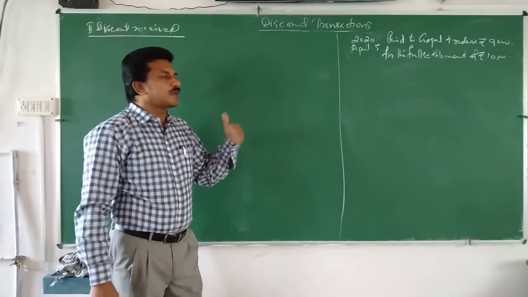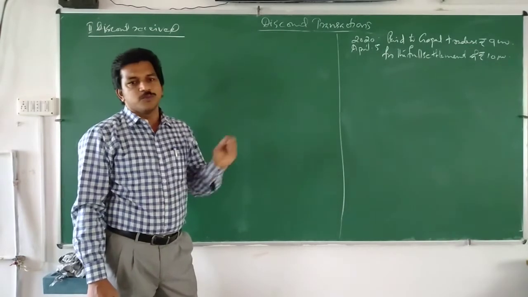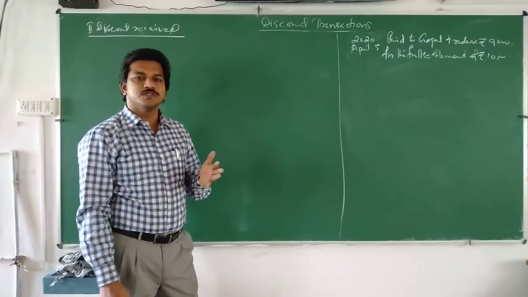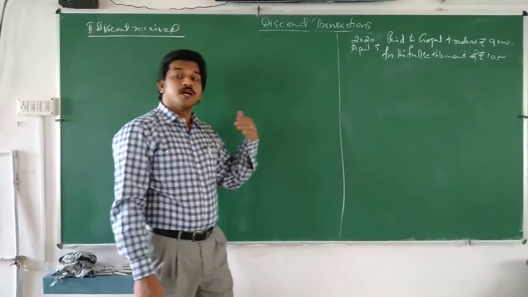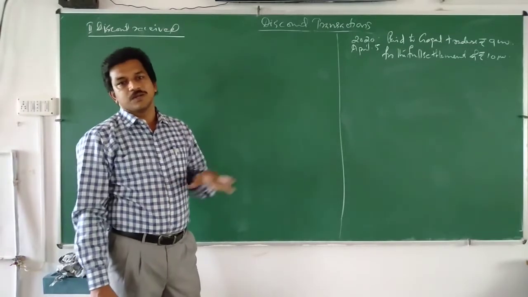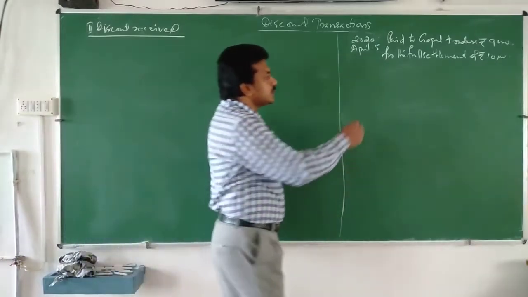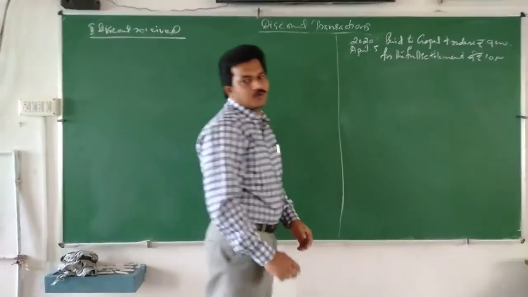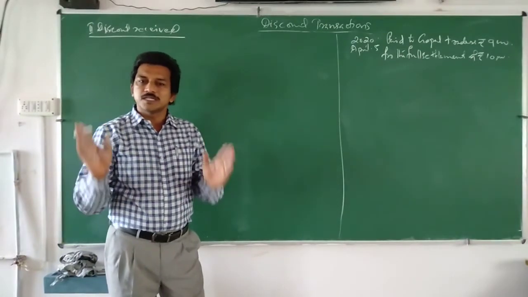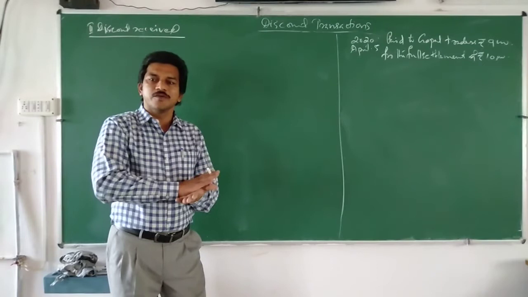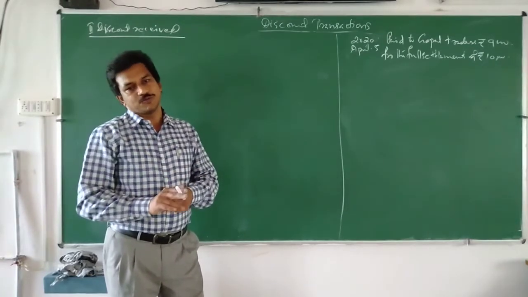Paid to Gopal Traders. We paid cash to Gopal Traders. How much? 9,000. For how much money we had to pay? 10,000 we had to pay. For that 9,000 is given. That means 1,000 is discount. In order to settle our claim for 10,000, we settled by 9,000 rupees.